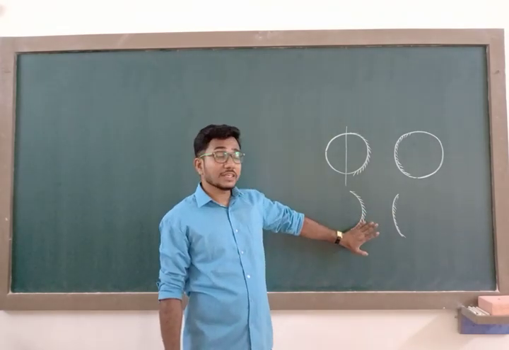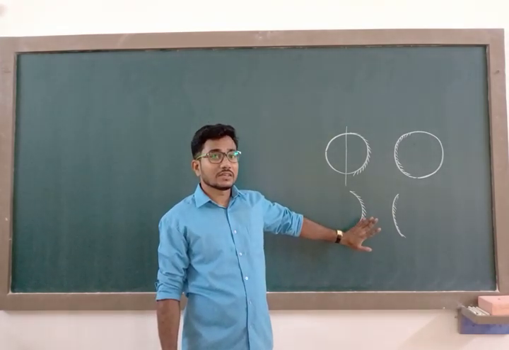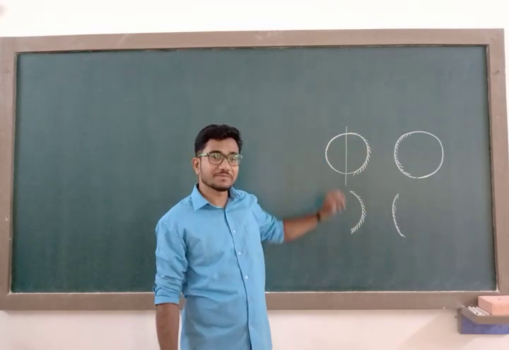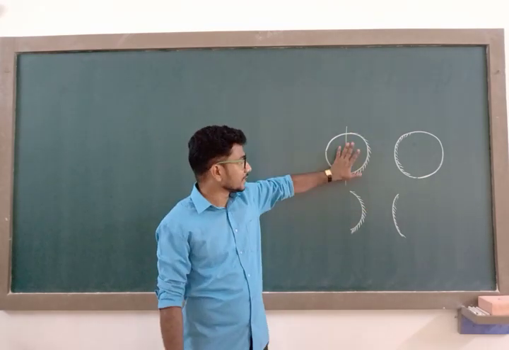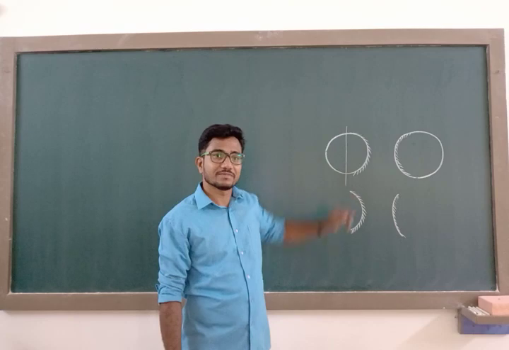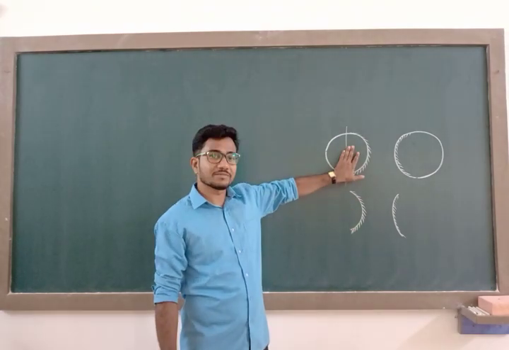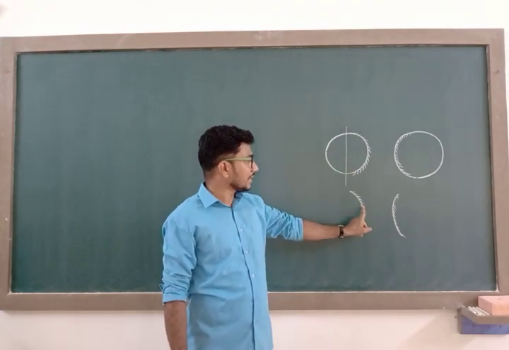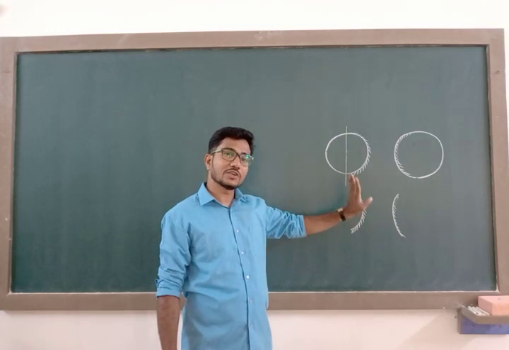A spherical mirror is nothing but one part of a hollow sphere. This is the sphere, and this is the part of this sphere whose one side is reflecting, another side is opaque.